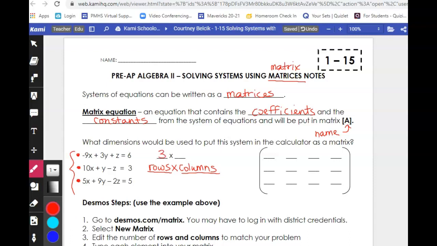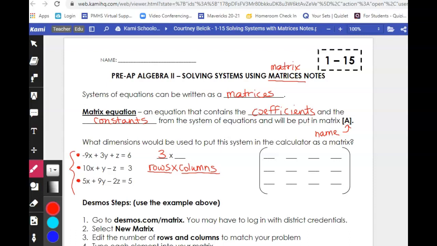And the number of columns, remember we talked about the matrix equation involving the coefficients and the constants for the system. So notice how kind of like an elimination, all of the terms are aligned. So all the x's are on top of each other, and all the y's are aligned, and all the z's are aligned, and all the equal signs are aligned. And then over here, the 6, the 3, and the 5, those are the constants that also appear in the matrix equation.